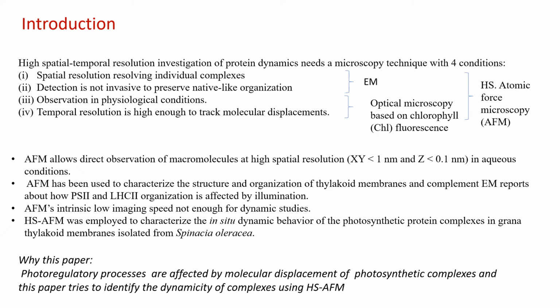People have used it to see different structures of PS2 and LHC2 organization in the presence of light. And this HS-AFM study was done in the plant spinach, also known as Spinacia oleracea in Latin.